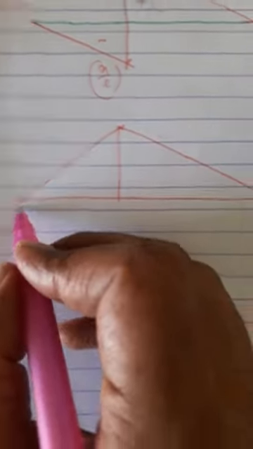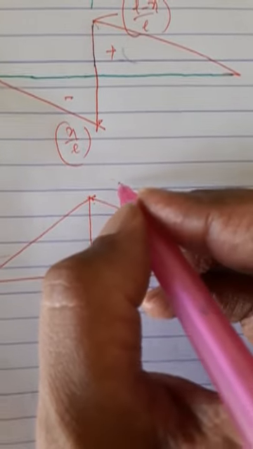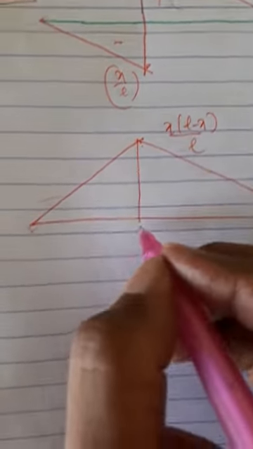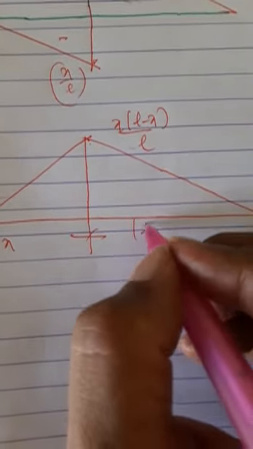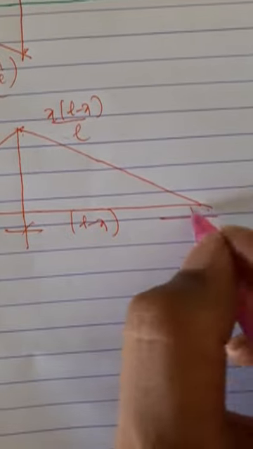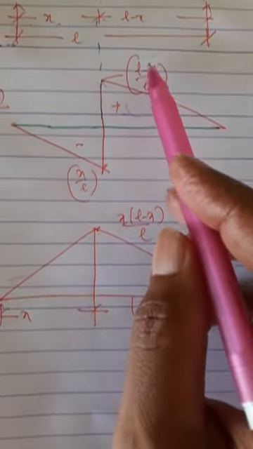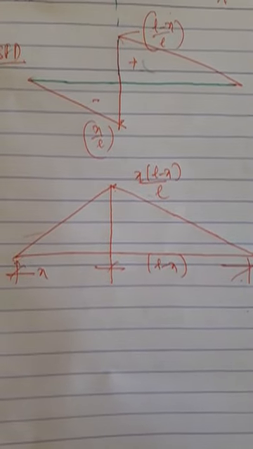Moment at point A and point B are 0, and bending moment here is given by the value x(L minus x)/L. Let this distance be x and this distance be L minus x. So you have to remember these two diagrams. This is for shear force, this is for bending moment at any given section.